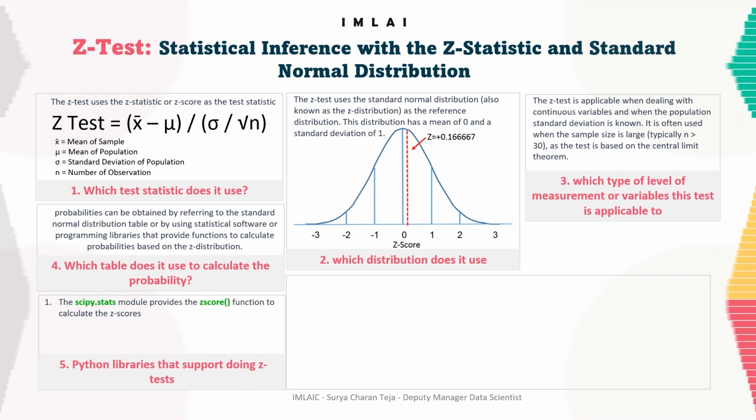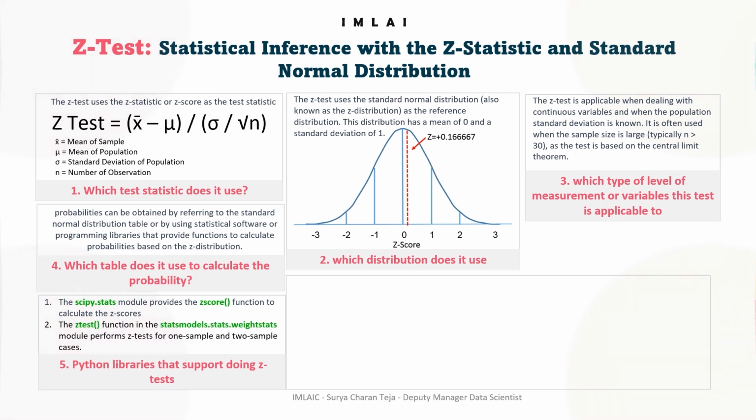The scipy.stats module provides the z-score function to calculate the z-scores. Statsmodels is a different library from scipy. You can get the z-score from the scipy library, and the z-test function from statsmodels.stats.weightstats module, which performs z-test for one sample and two sample cases.